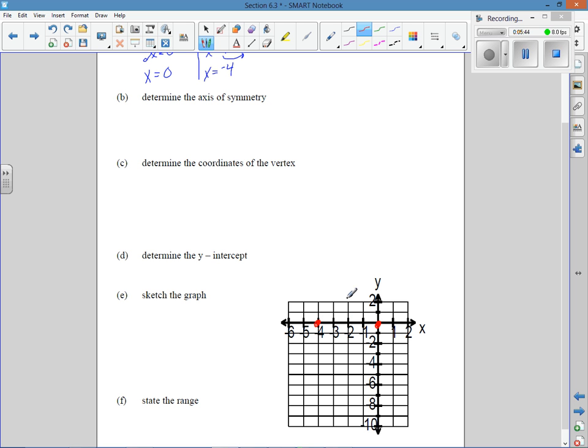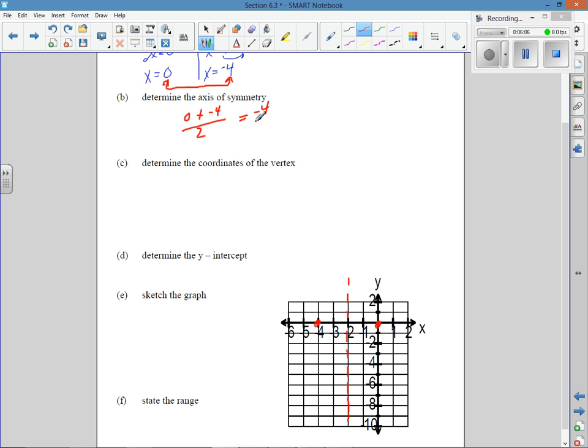Now looking here, we should also know that our axis symmetry should be running down here in the middle. And to find that without the graph though, you would take your two values here, add them together, and divide by 2.